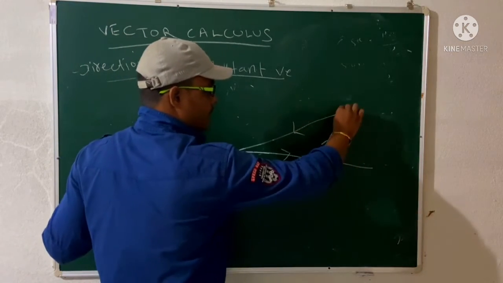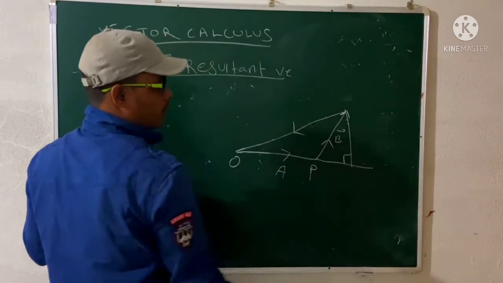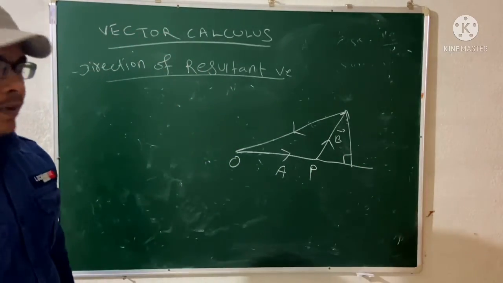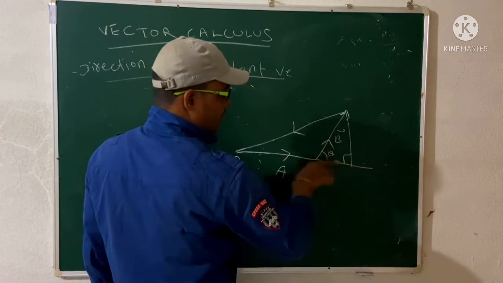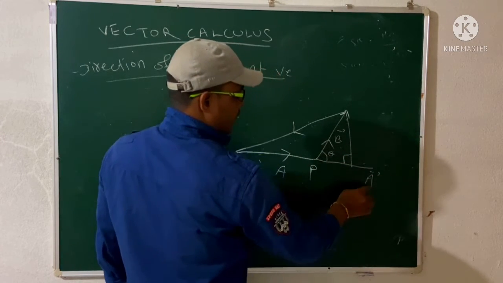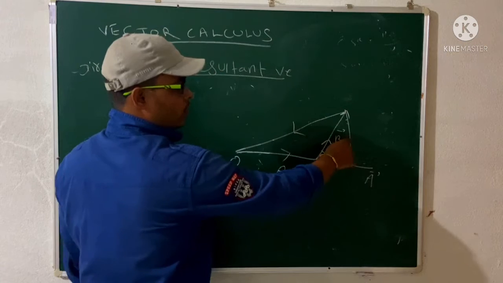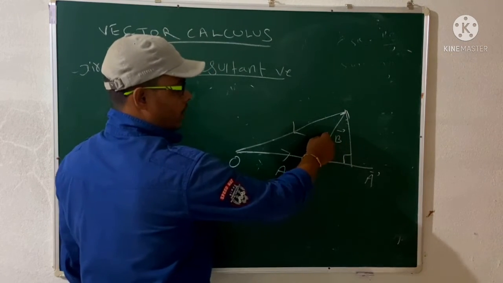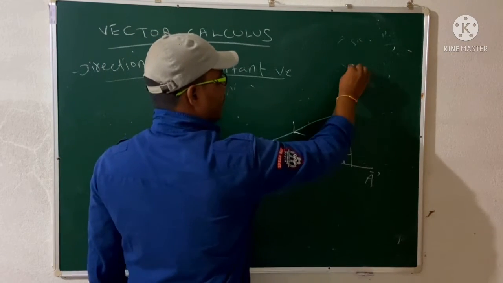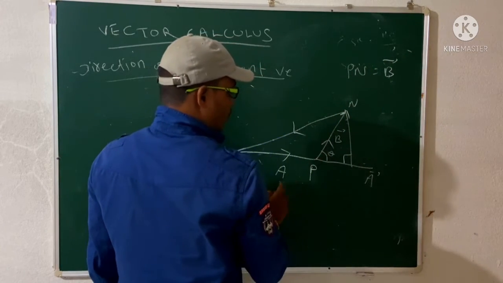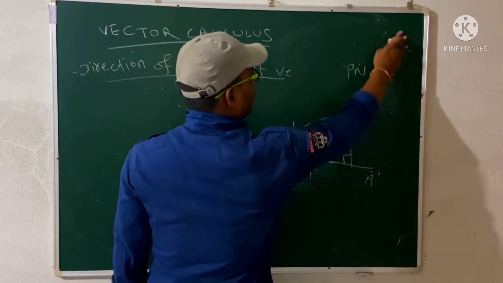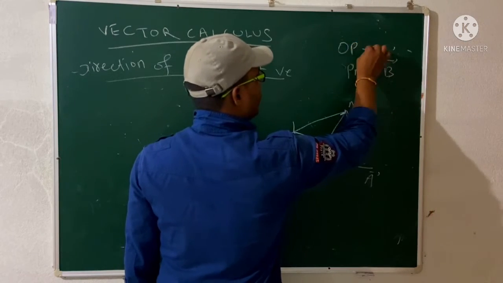You have to extend this and take an angle of 90 degrees. So this one is theta, because this one is the A vector and this one is the B vector. PN is your B vector and OP is the A vector.